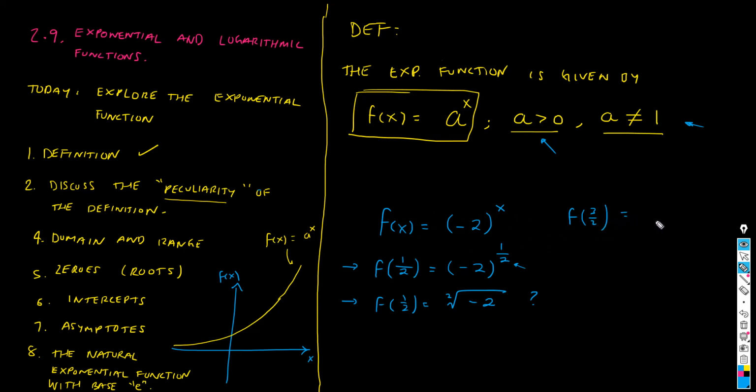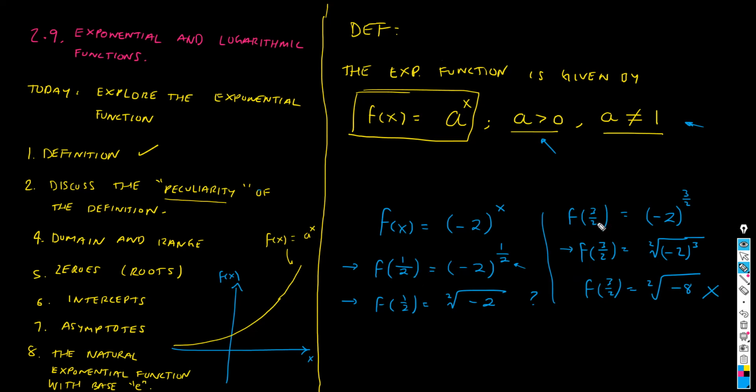I'm gonna get -2 raised to the 3/2, and if you remember, this is the same as the square root of -2 to the cube, and this is gonna be equal to the square root of -8, and I have the same problem. I'm gonna end up with the calculation of a square root of a negative number, which is not a real number. So I'm gonna run into a lot of problems, and these are just two of them.